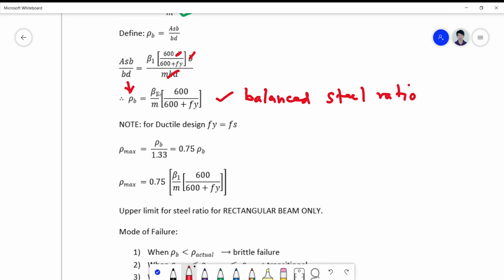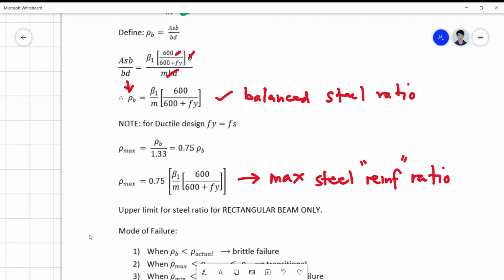So this becomes now 75% of this value here, and you call this now the upper limit for the steel ratio for rectangular reinforcement, or simply the maximum steel ratio. You can omit the word reinforcement.